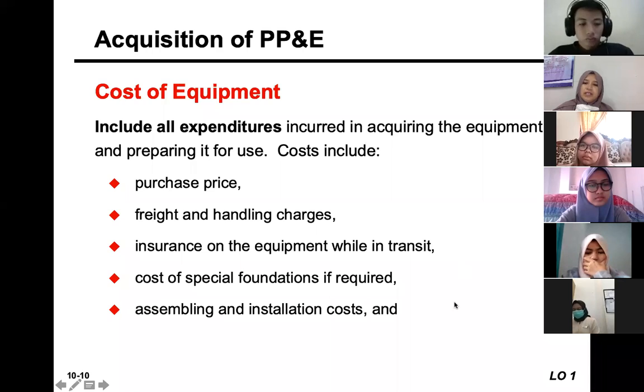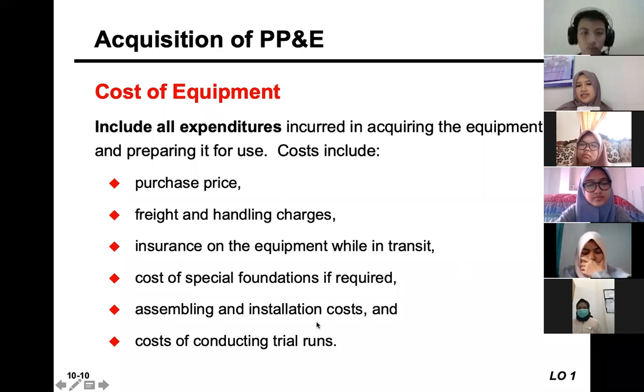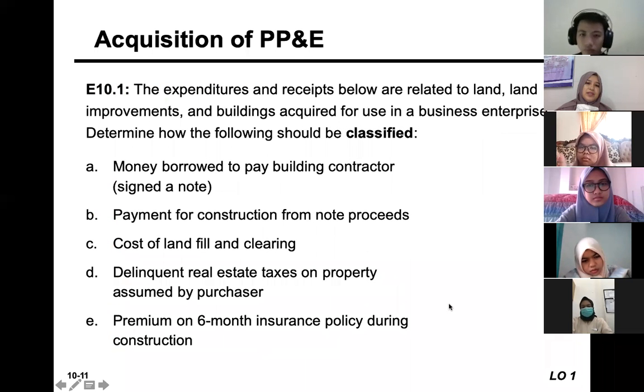And then assembling and installation costs, cost of conducting trial runs, like I said about machinery just now. So installation costs, we need someone to install, and then we need them also to run the trial, the first operationalizing of the machinery or equipment, okay? So that will also be included as part of the cost of equipment.